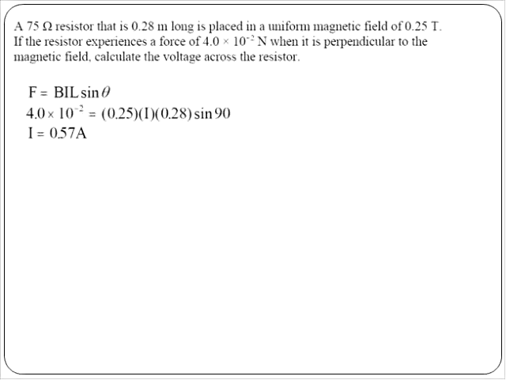So we do that, we find I. I equals 0.57 amps. Now that we know I, and we know the resistance, it's just a matter of using Ohm's law, V equals I times R. So we take the current that we just found, multiply it by the 75 ohm resistance, and we got a voltage of 43 volts.